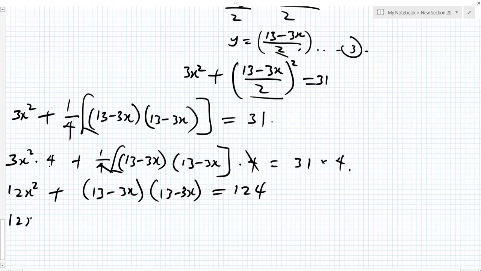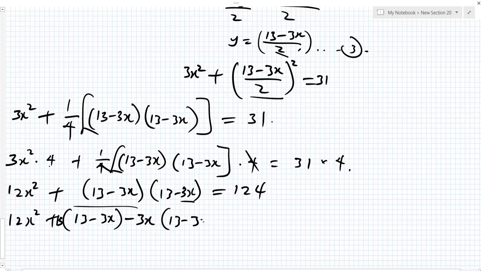Now we have 12x squared plus this one. If you open up this bracket, now you have 13 minus 3x times this 13 here. The next one will be minus 3x times this whole thing too, times 13 minus 3x equal to 124.